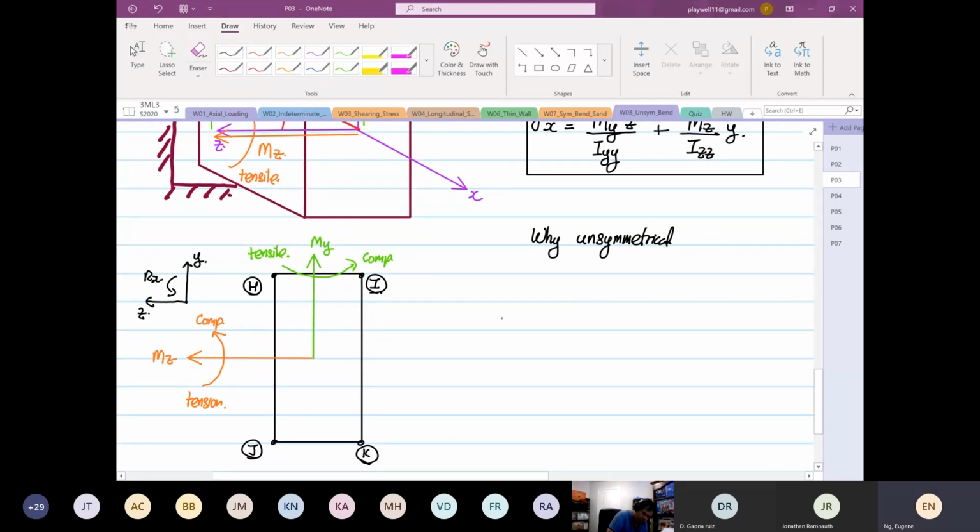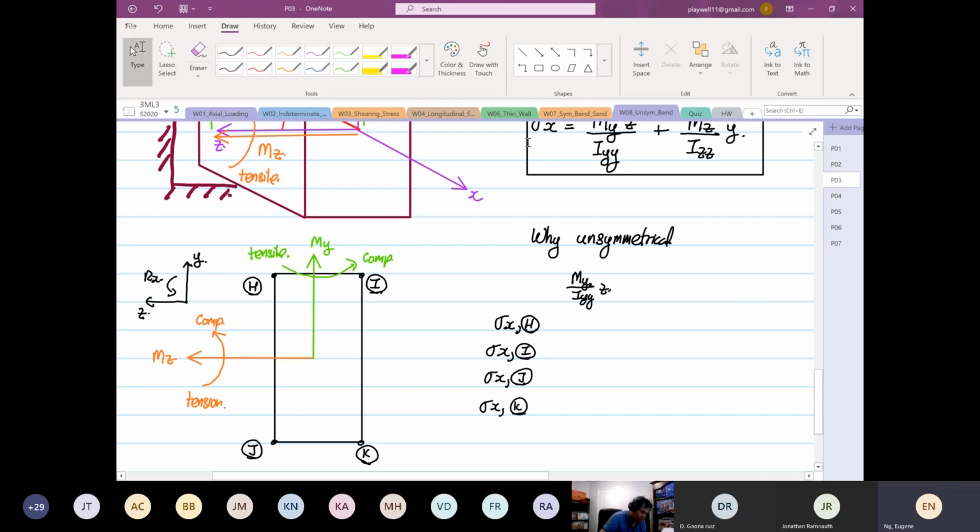Okay. So we are going to look at points. Okay. So stress X at point H, stress X I, stress X J, and stress X K. Okay. So the first term that we're going to use is our MY over Iyy z.